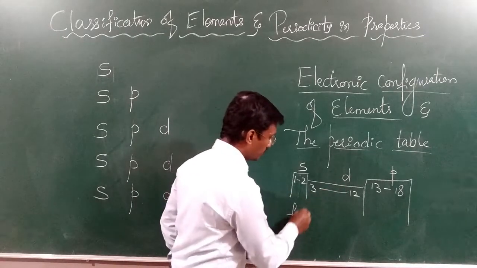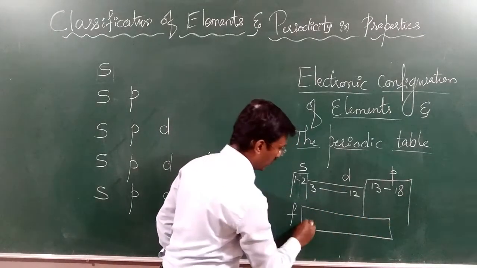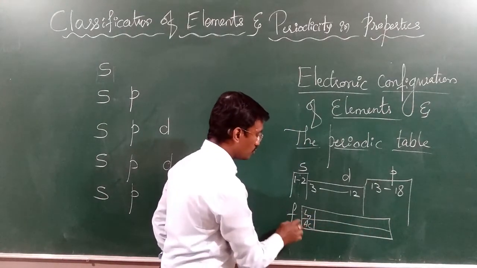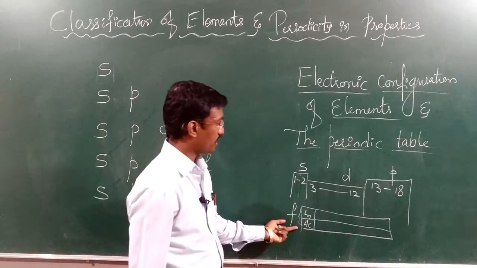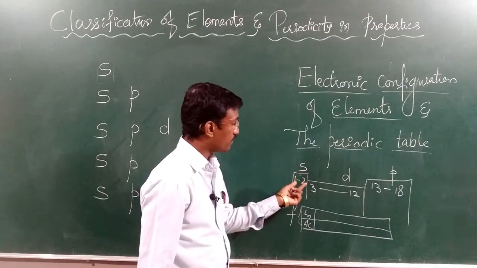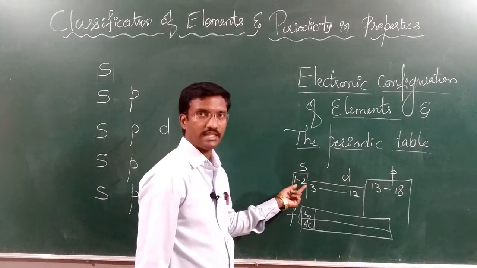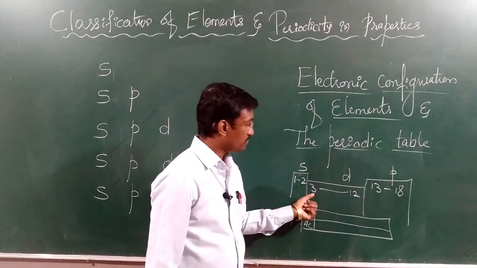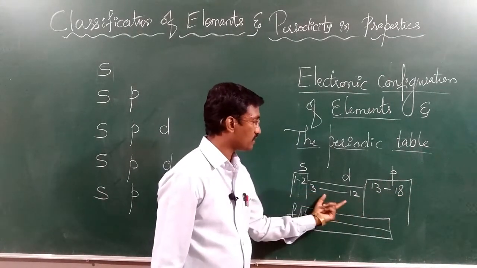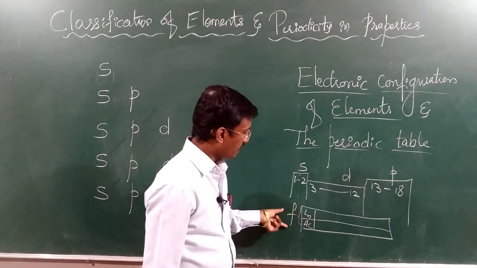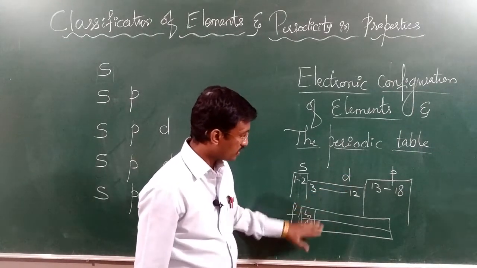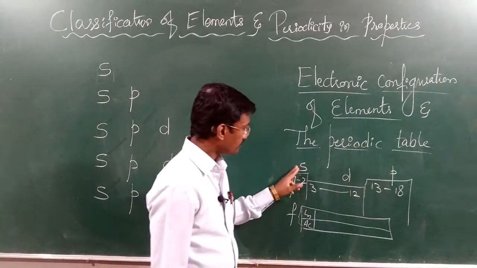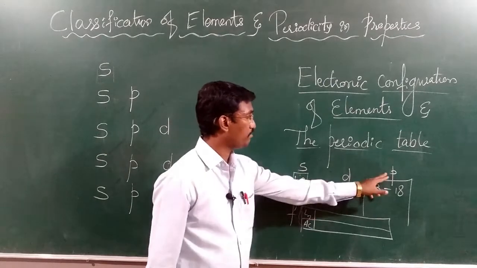Below this there are 2 rows arranged, lanthanide and actinide. These two together are called F block elements. So we have to say first S, P, D and F.